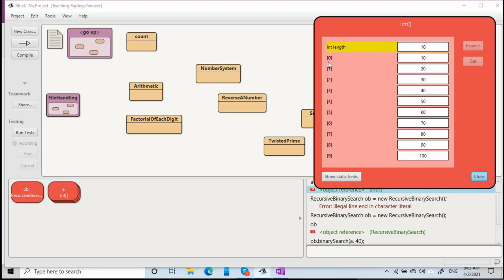The length is 10, and the name of the array is A, right? So A0, A1, A2, A3, A4, A5, A6, A7, A8, A9. So it is stored like this, okay? So this is the basic concept of a single dimension array, fine?